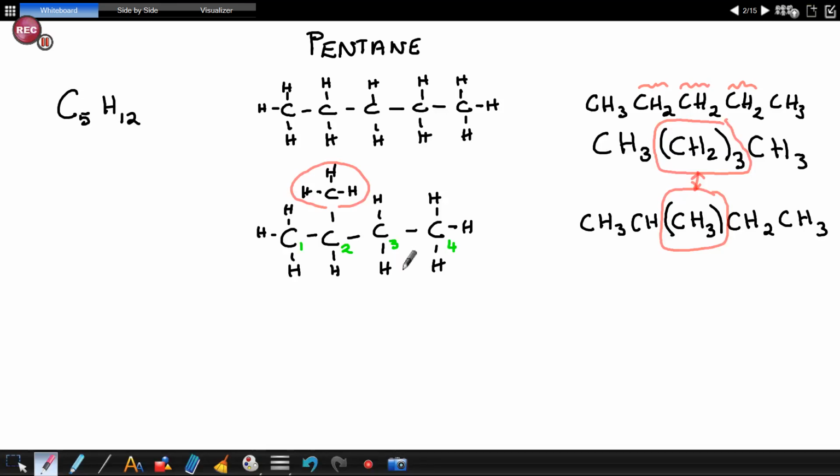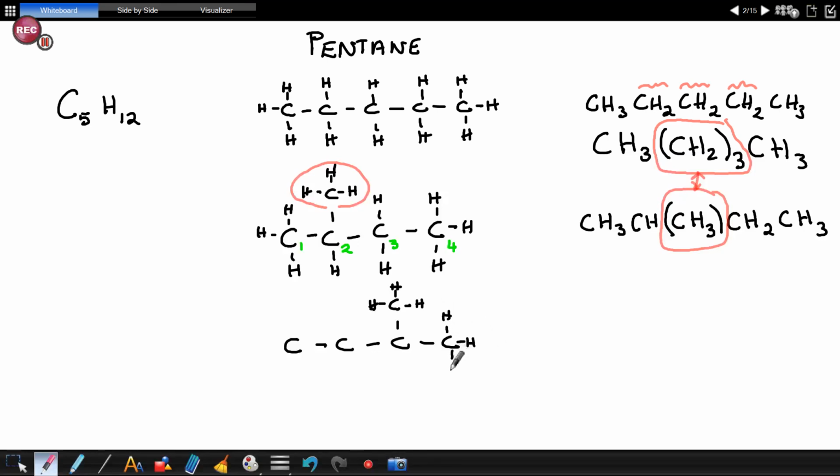Okay, so I can say 3-methylbutane. Wait, let's just see before we jump to conclusions. C, C, C, C with this C there, because that's the next rule now.